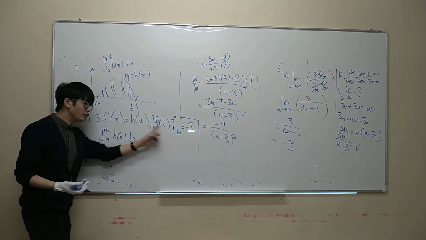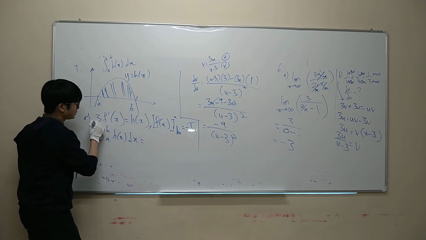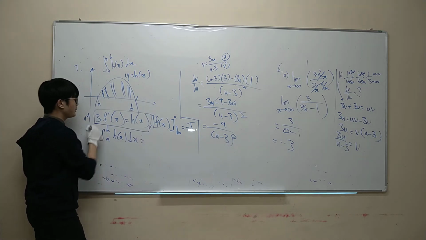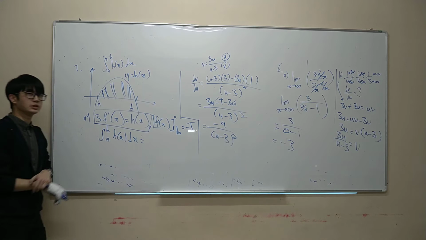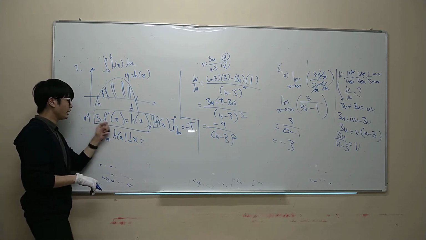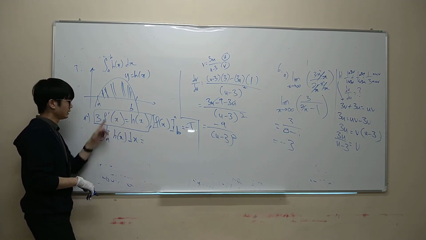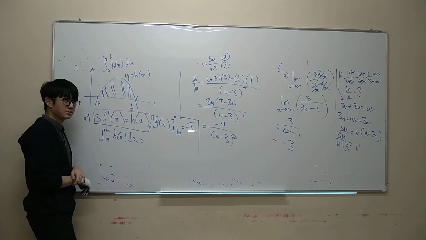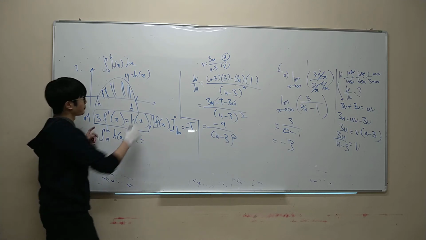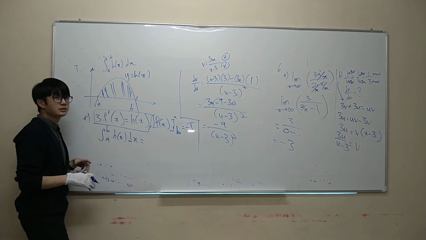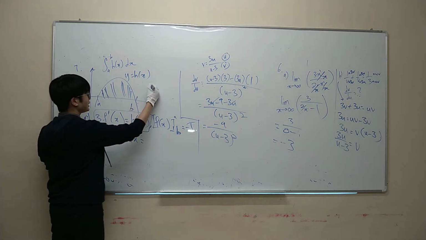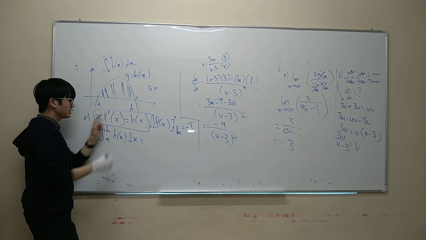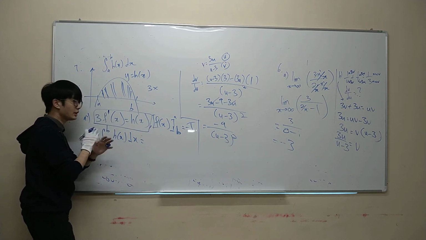You use the info they give you. So they give you what? 3f prime x equals hx. What does it mean? What is f prime? F prime means differentiate. It means 3 times the derivative; the prime here is not f inverse, you know.